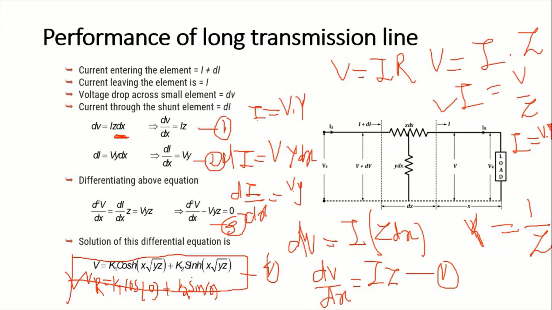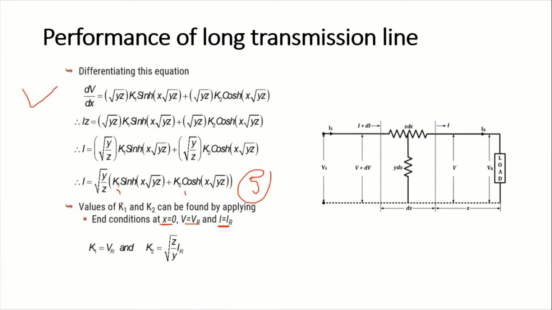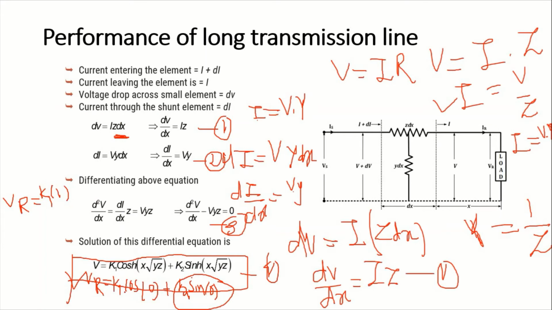We all know that cos 0 is equal to 1 and sin 0 is equal to 0, so the second term becomes 0. The only term present is VR = K1 into cos 0, which is 1. So we get the value of K1 is equal to VR.